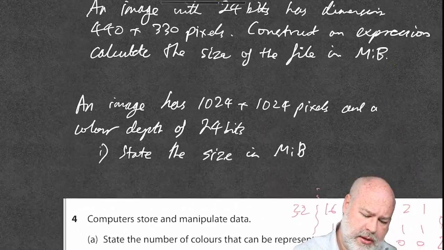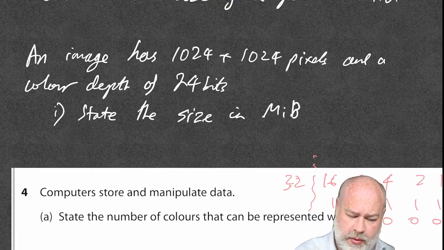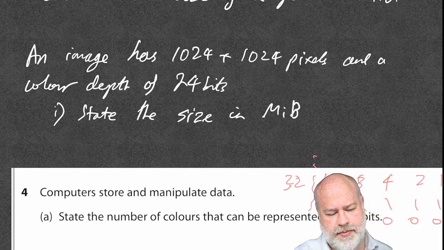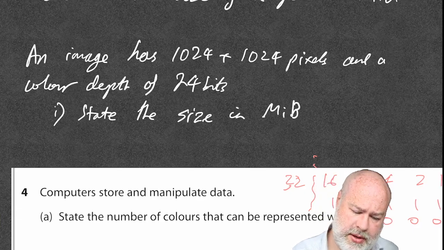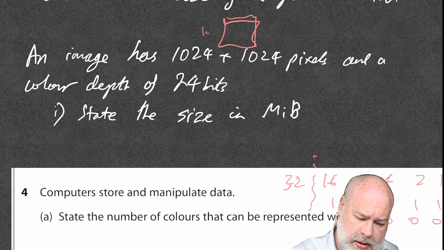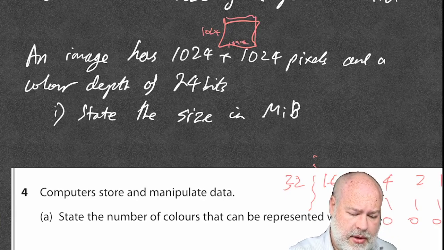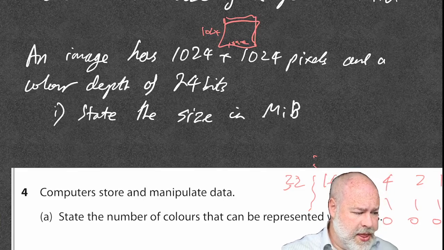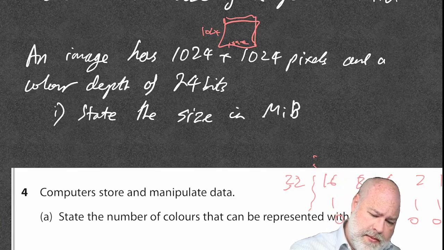Let's have a look at another question that's not too difficult. An image has 1024 times 1024 pixels. So it's a square, 1024, 1024, and a color depth of 24 bits. State the size in mebibytes. It's not that difficult actually.